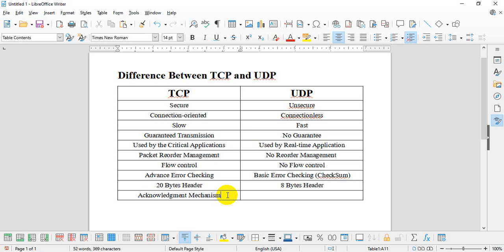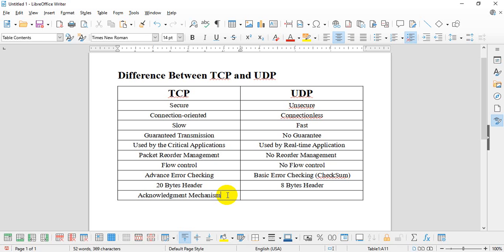Suppose on the sender side and the receiver side there are SAM and RAM. SAM is the sender, and RAM is on the receiver side.